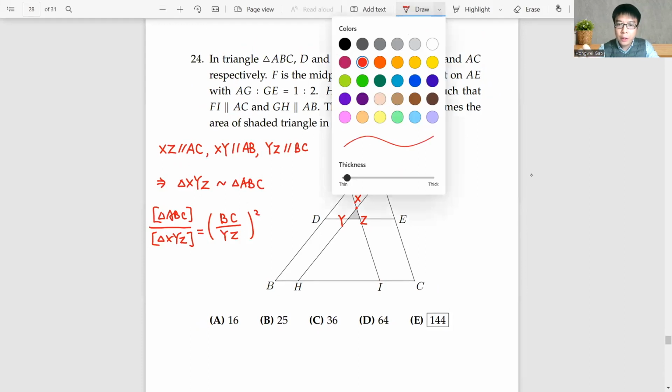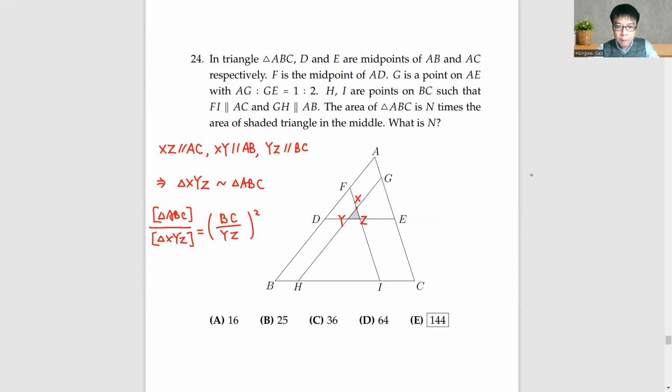All right, so notice that we have D and E are midpoints, right? So first we have triangle ADE is similar to triangle ABC. And because D and E are midpoints, we have DE over BC is equal to AD over AB, which is 1/2.